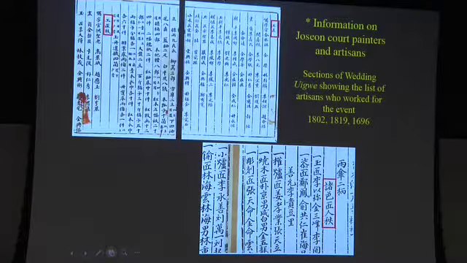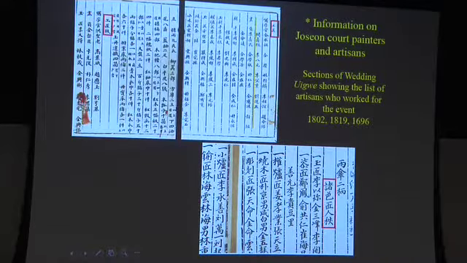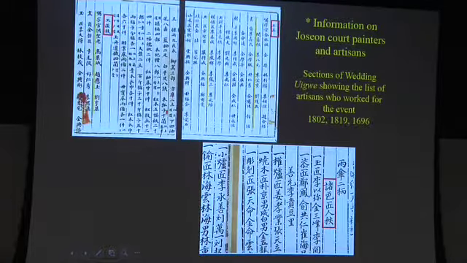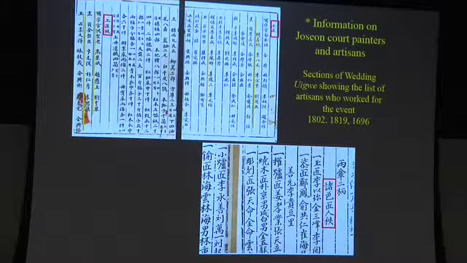So these are all from the Uigwe that I found. And then I compared the list of painters and artisans with existing documentary records. And I found that so many more of the artisans' and painters' names were listed in these documents. So it was a great discovery.